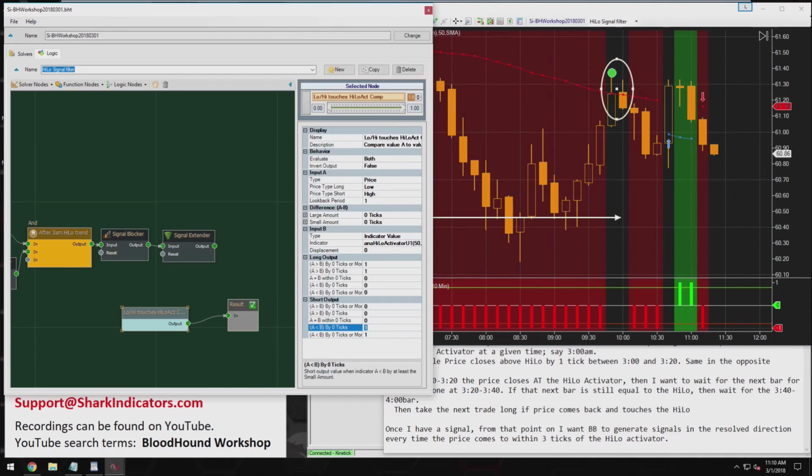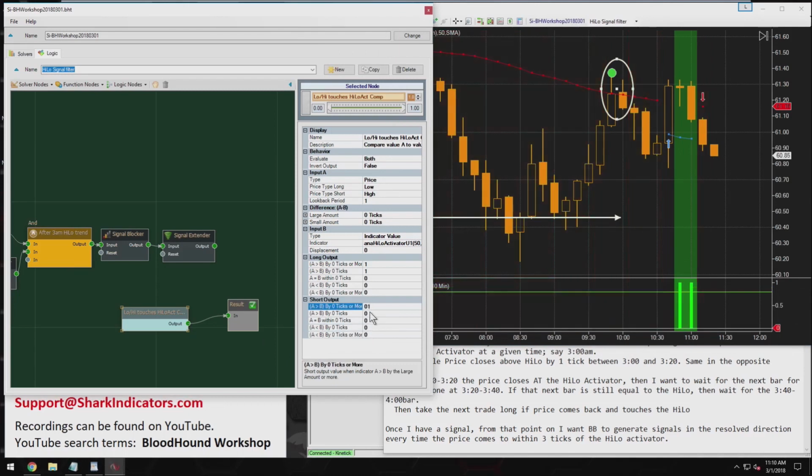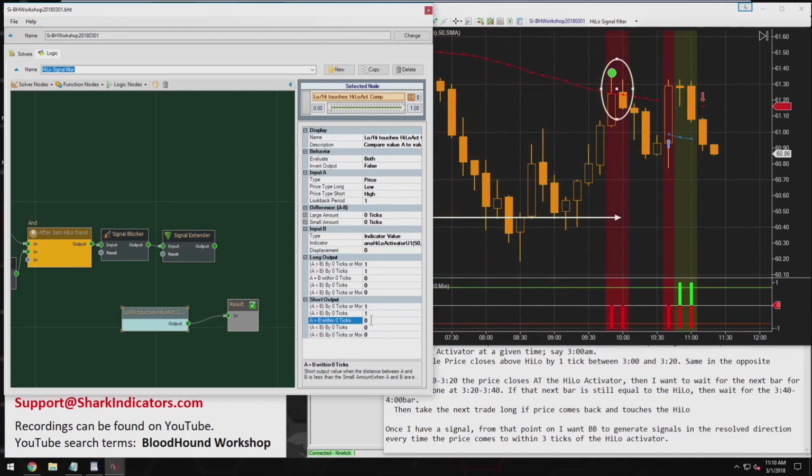So let's set those to 0, set these to 1, like so. We're also setting the A equals B within 0 ticks to 1 as well. In fact, you might even want to allow for price to just come back within 1 tick.